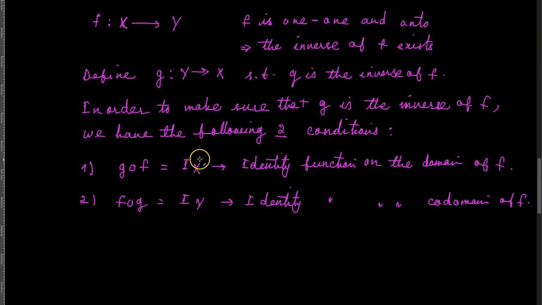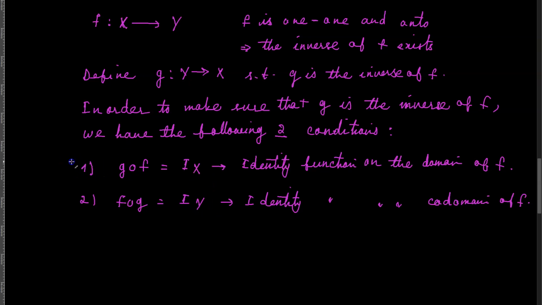The particular property of this function is that whatever x you pick from this set x and give to this function, it will give you the same thing back. The property of the identity function on the set y is that whatever y you pick from the set y and give to this function, it's going to give you the same thing back.